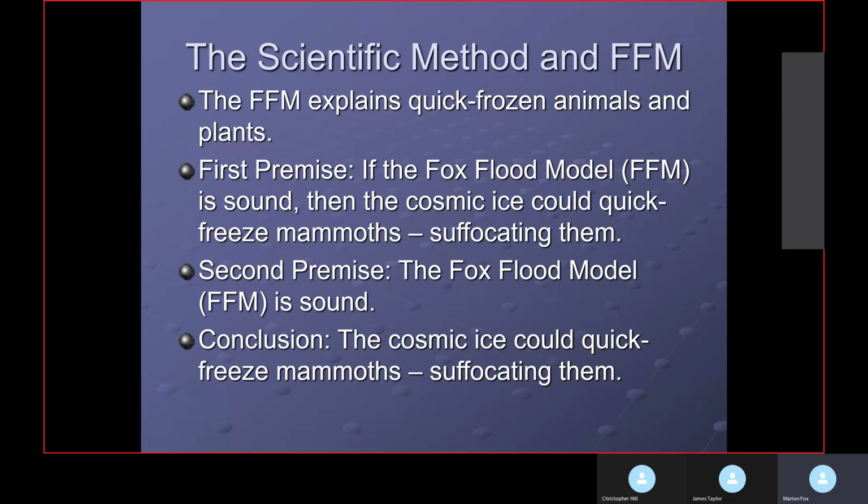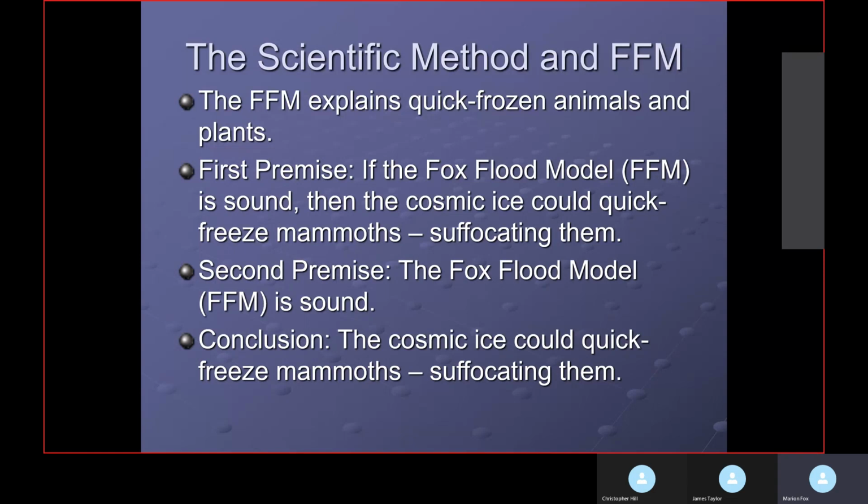If it's cosmic ice, now the coldest you can get is about 457 degrees below zero Fahrenheit, which is 273 degrees below 0 Celsius. So let's say about 450 degrees below zero, cosmic ice.